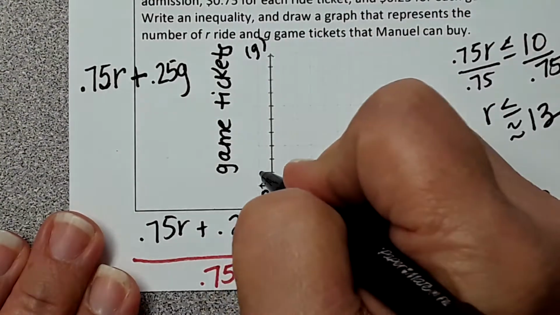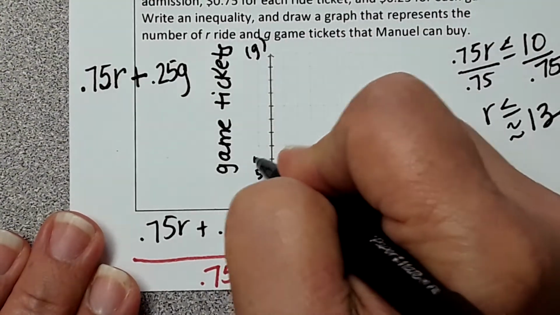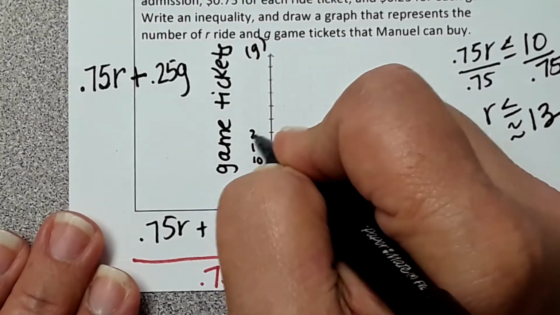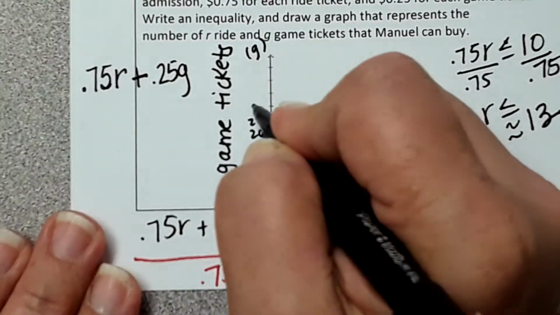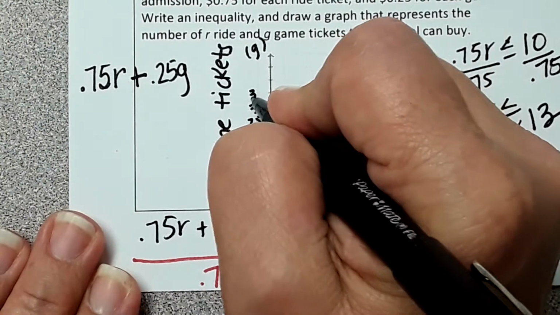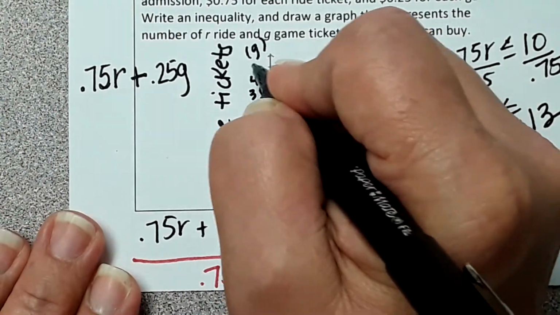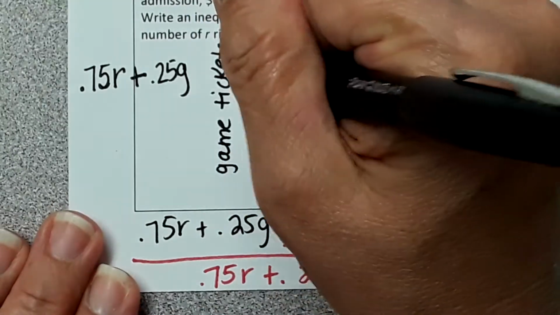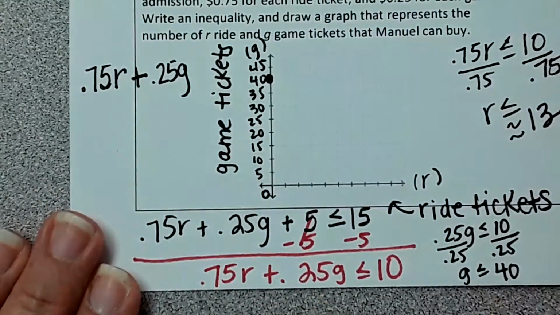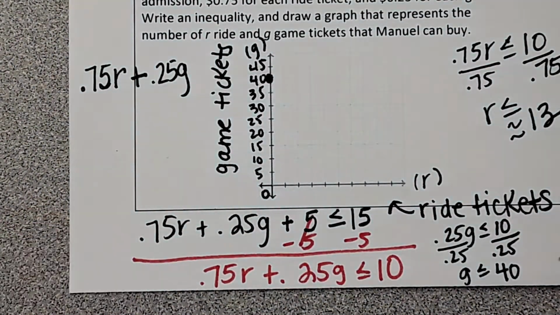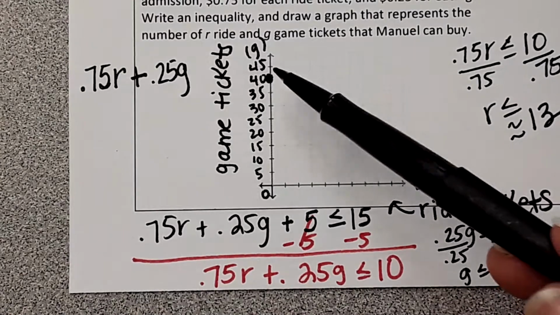Yeah, we can go with that. So we know we're going to have a point there because when we have 0 ride tickets, we have 40 game tickets.